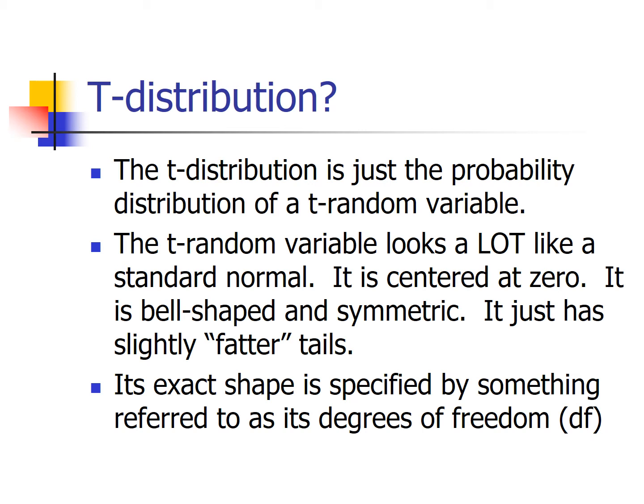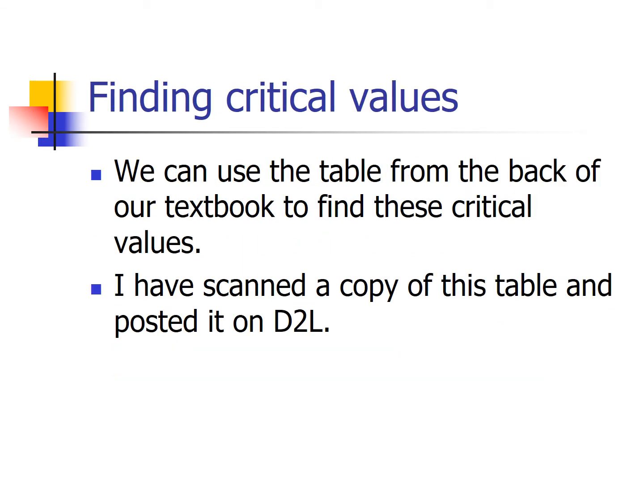So different t-distributions have different degrees of freedom. The t-distribution that we need, as shown on the previous slide, has degrees of freedom of n minus 1. So the degrees of freedom that we need to calculate our critical value is our sample size n minus 1.